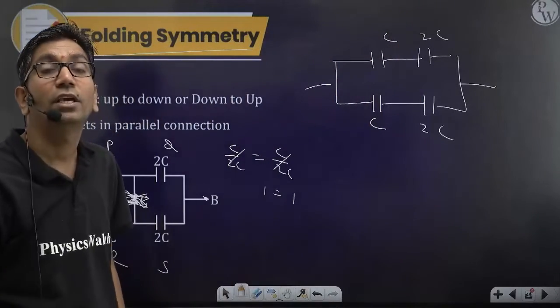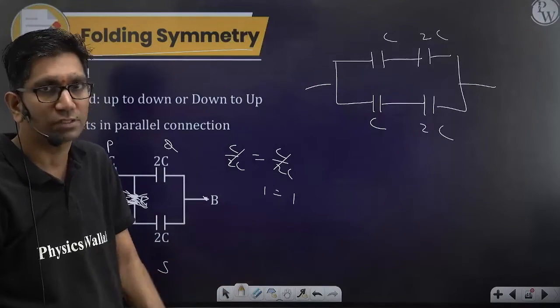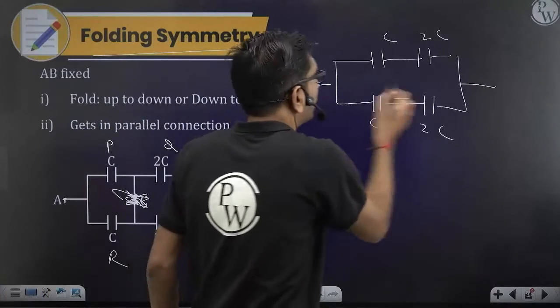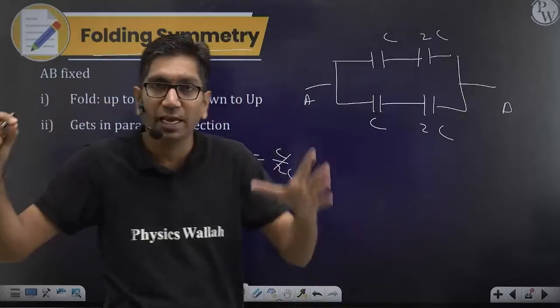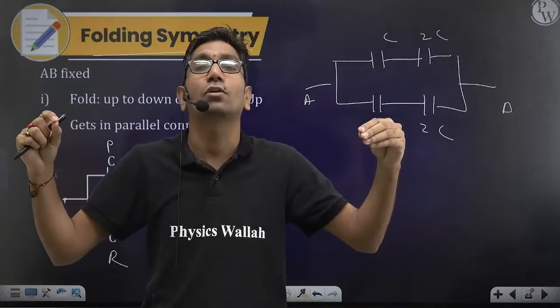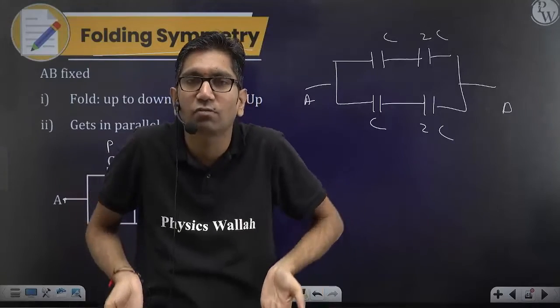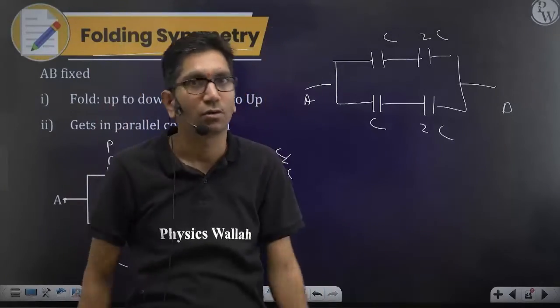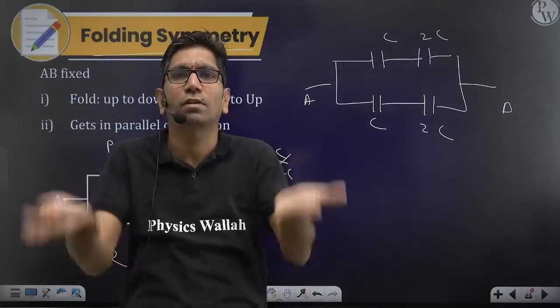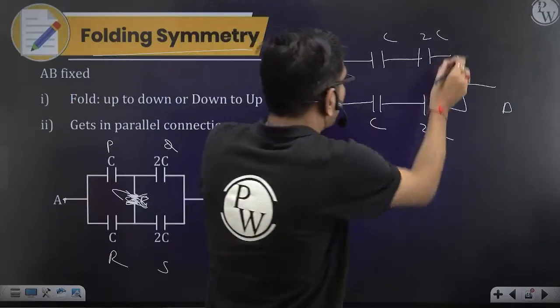Correct? Here what you have to do is fold this one. Okay, fix this one A and B. Okay, this is A and this is B. So how you have to fold is, from top to bottom you can fold, or else you can fold from bottom to top, beta. Top to bottom I am folding.